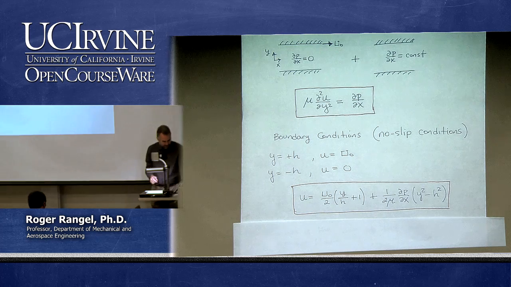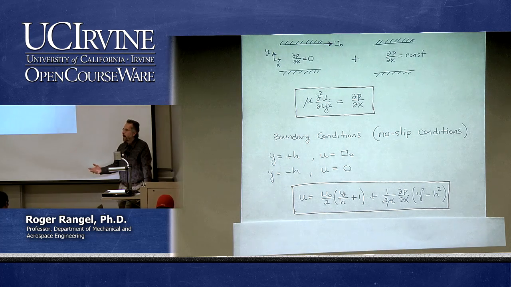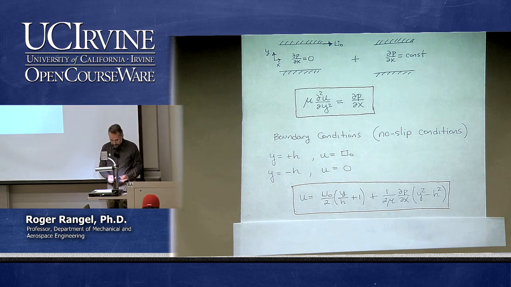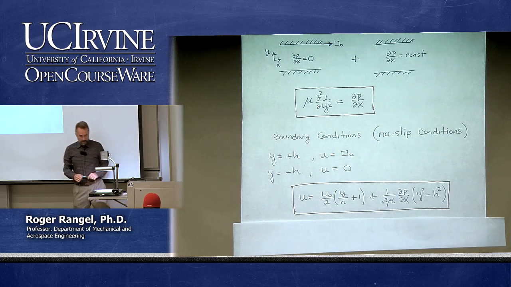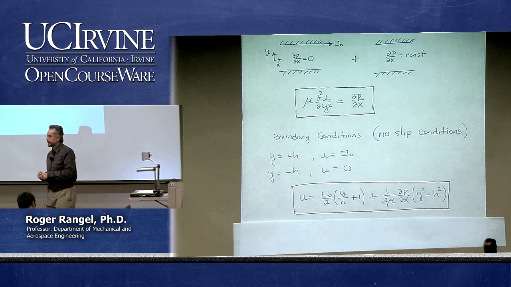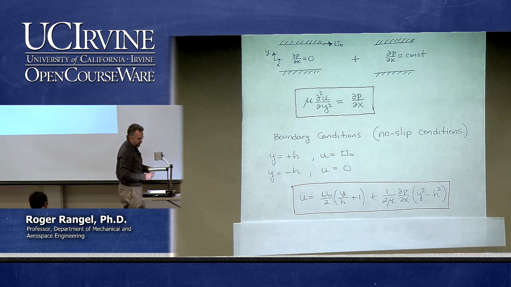Not surprising to us is the fact that what we get is a sum of the solutions. If we combine them, remember this was the previous solution, the linear profile, and this is the one we just got for the pressure gradient. So I just have one solution added to the other one. It's a simple combination.